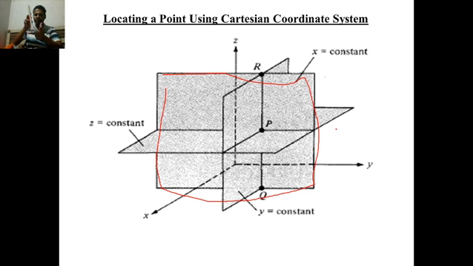Because the x coordinate of any point on this plane would be 3. Similarly, if I cut a plane surface on z axis at 2, then it will be a z equal to 2 plane. So in order to get a location of point P in this coordinate system you have to intersect three planes.